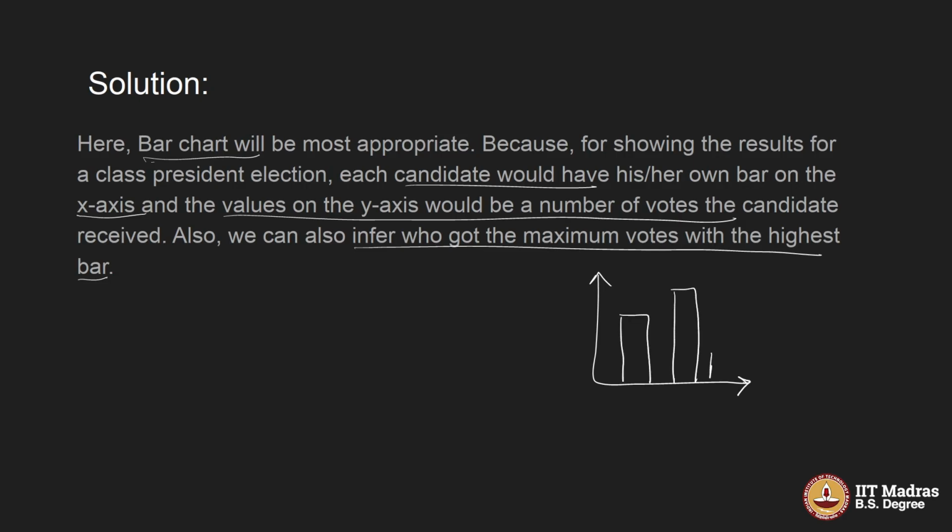Here the x-axis would be each candidate who applied for the election, and the y-axis can be represented as the number of votes each candidate got.